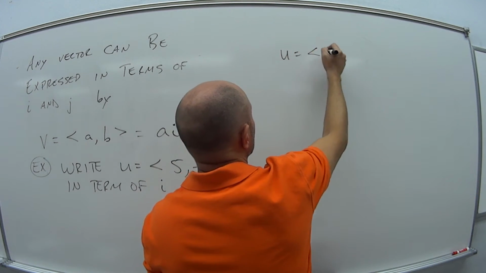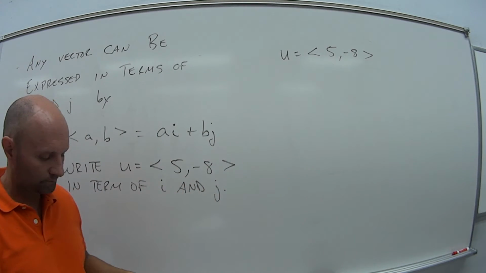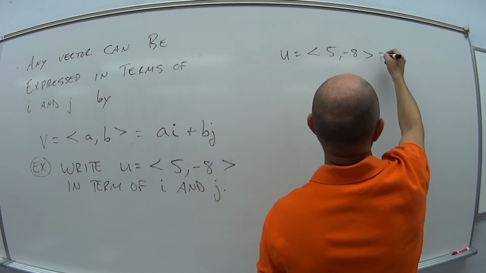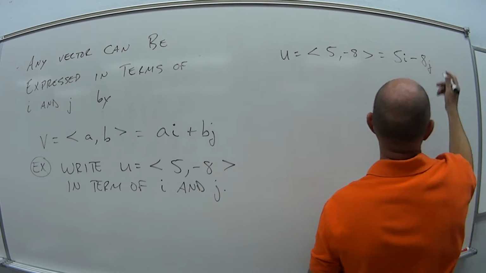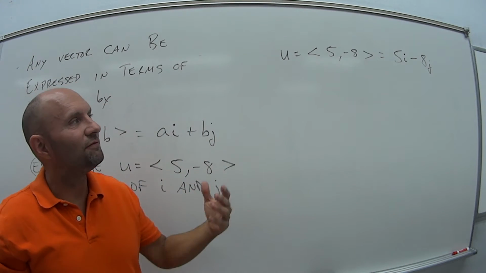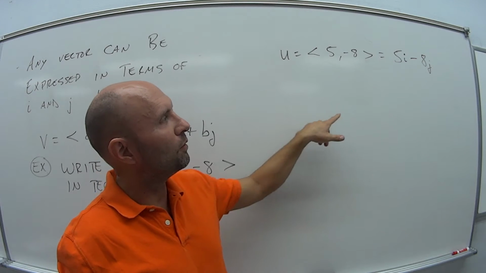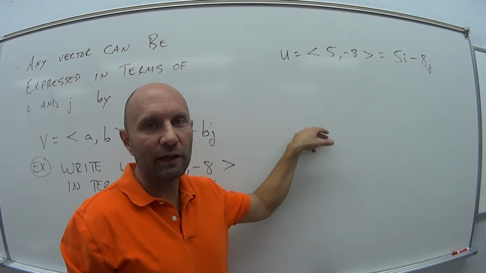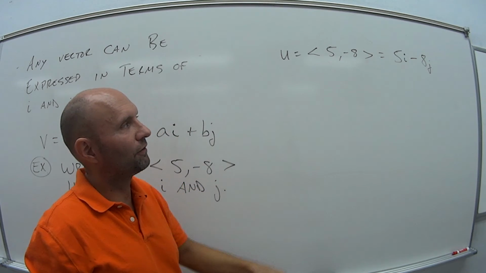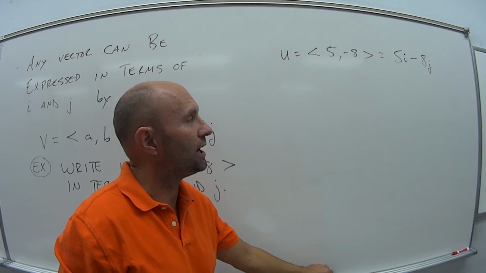So u has the components 5, negative 8. So this is the same thing as if we said 5i minus 8j. So when we see 5i minus 8j, it means from the point where we're starting, we're going to move 5 units to the right, 8 units down. We connect the starting and the ending point. That gives us the vector notated by 5i minus 8j.